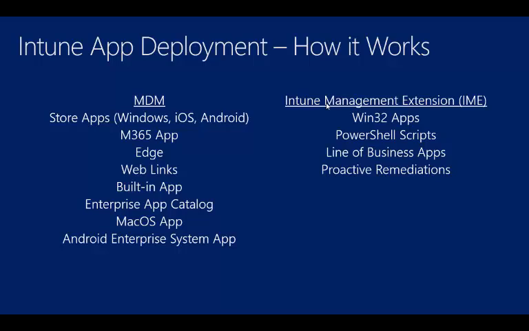But not every single thing that you might want to do is able to be done directly through MDM, right? The idea of certain configurations, certain app deployments, as you see them on the screen already, are not really a concept in MDM. So we know customers need to do those things. So how do we actually enable you to do some of those things? Well, the answer is that we use, on the Windows side, something called the Intune Management Extension.